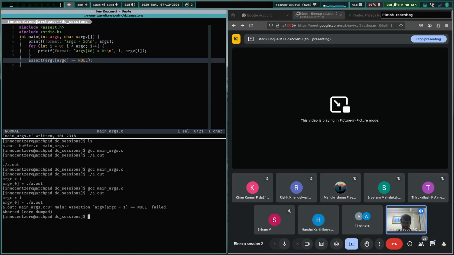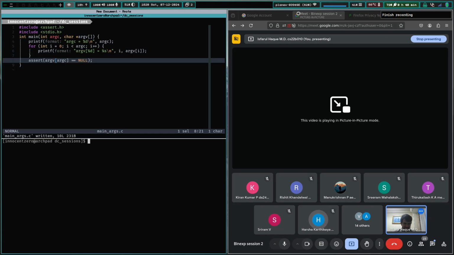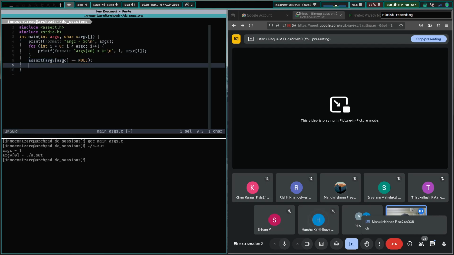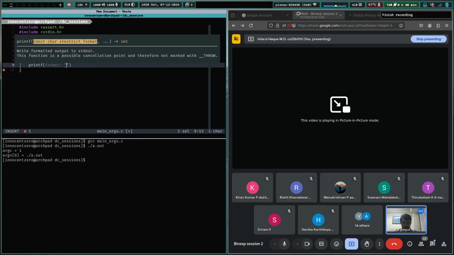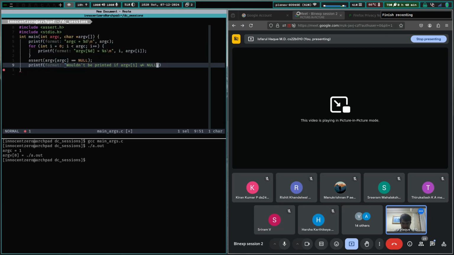If anyone still does not believe me, run it on your systems. And after that, there's nothing I can do. Cool. So argv1 finally. Because this assertion would fail, that won't be printed.